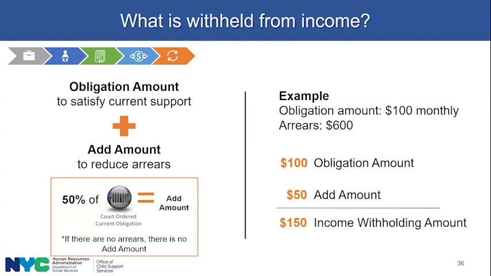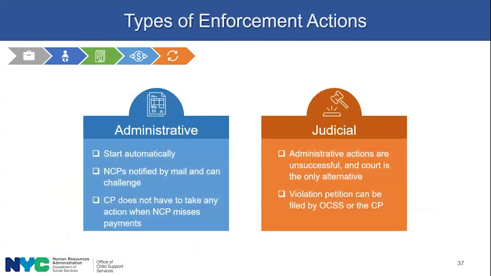When the $600 in arrears is reduced and done away with, then the $150 IWO amount will revert back to the simple $100 obligation amount. Next slide. See, I told you child support's complicated.